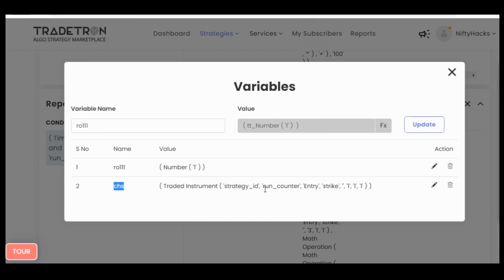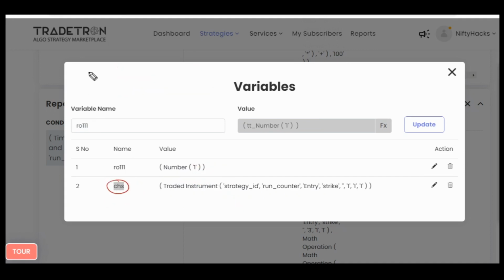Another thing I have done is I have stored another variable, which is the short form of call hedge strike, right? This will be the strike for all the hedges, and this is one thing you should learn properly.